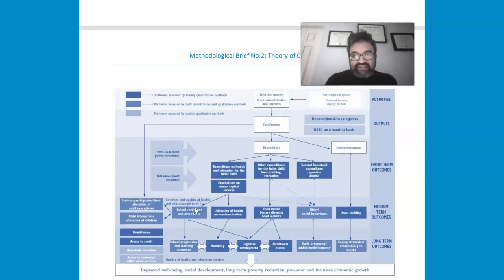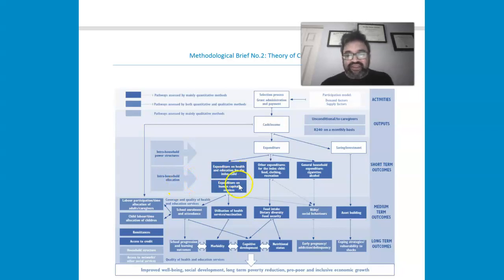And I'm going to quickly just go over the activities: selection process, grant administration and payment; the outputs, which are the actual unconditional grants to caregivers on a monthly basis; and then expenditure, and that's intra-household power structures and intra-household allocation.